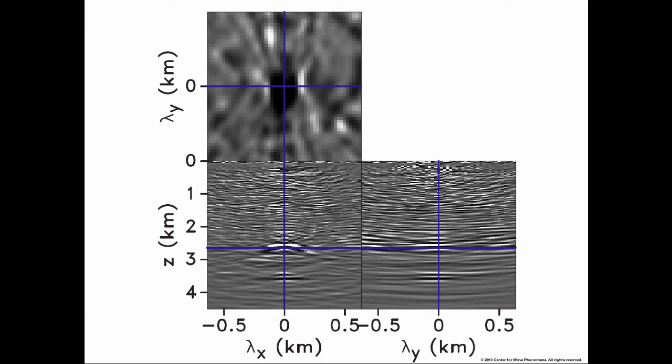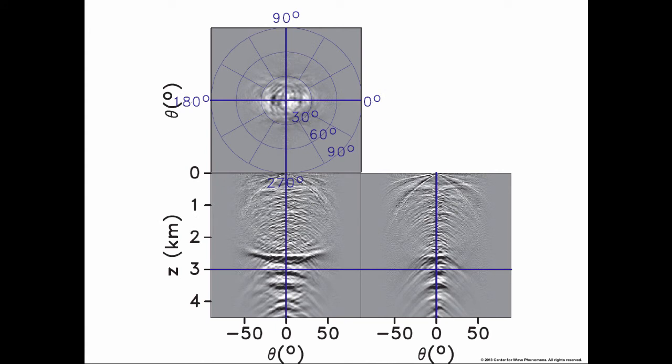Now let's see whether our algorithm can still capture the angle information from the gathers. Again, this is the final angle gathers you have seen before. Notice that in the top panel, we observe that the distribution of the events is mainly in the inline direction rather than the cross-line direction.